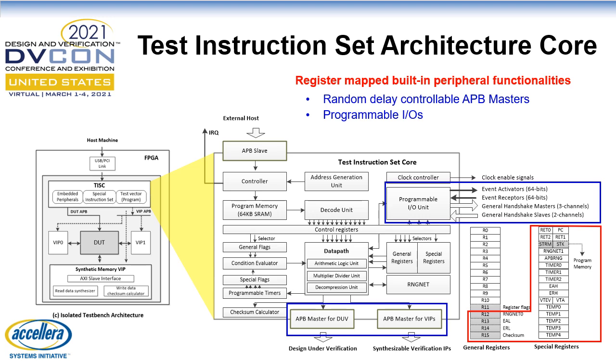The programmable I/O units also provide dedicated handshaking channels that implement valid-ready handshake behaviors. With a mixture of 64 bits inputs, 64 bits outputs, 3 master handshaking, and 2 slave handshaking, various complex DUT interfaces such as FIFO put, FIFO get, AXI master, and AXI slave could be implemented and serviced.